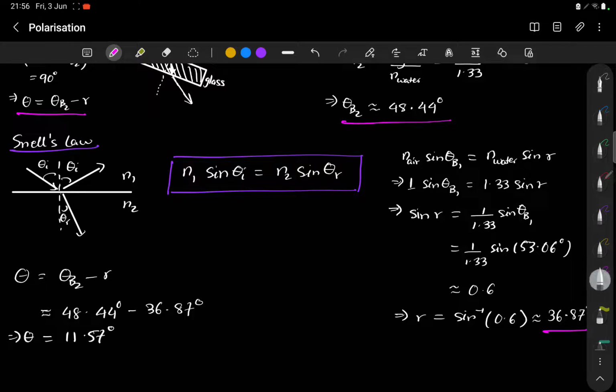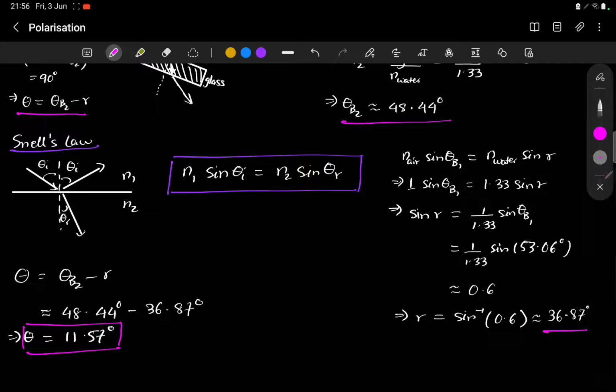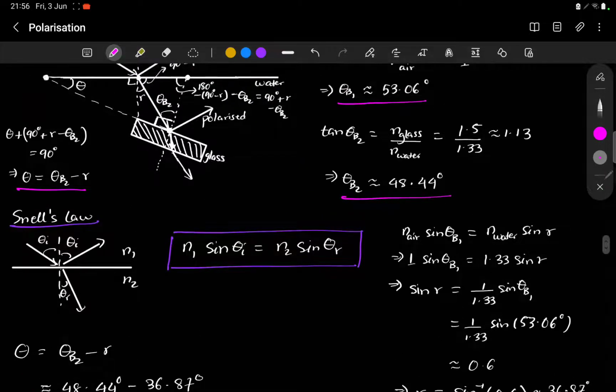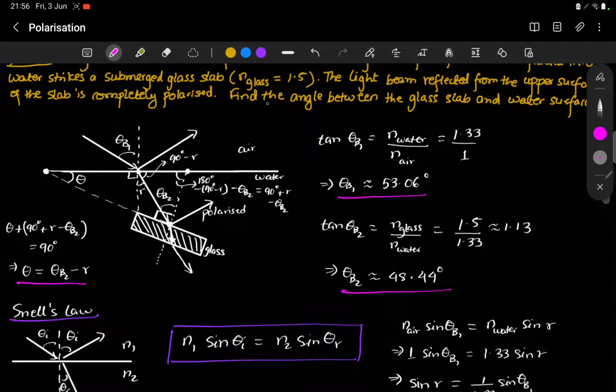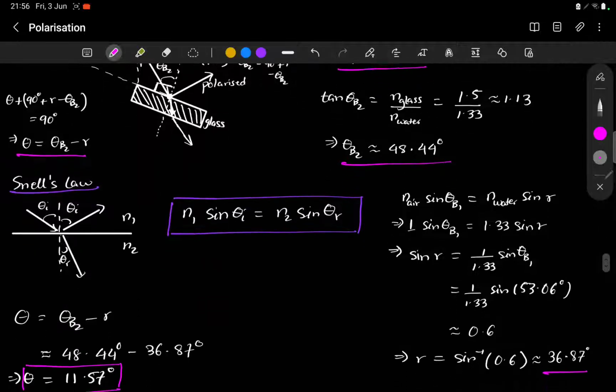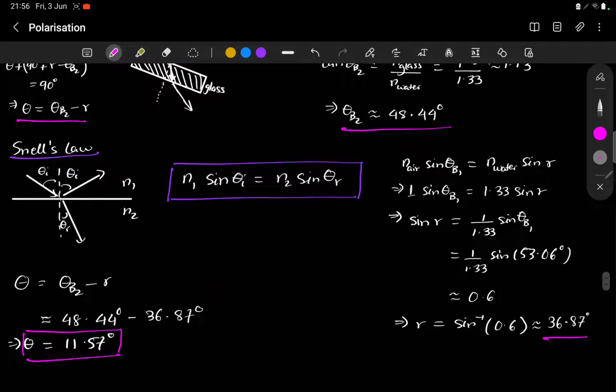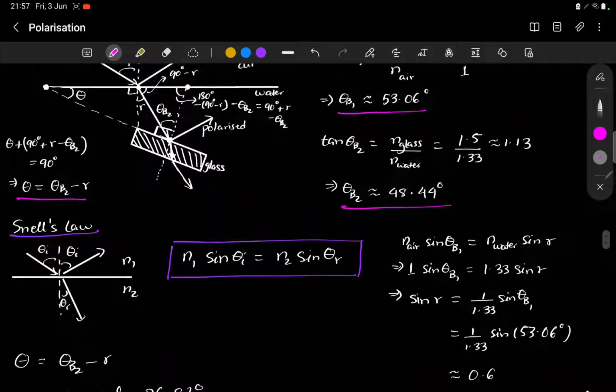So this solves the problem. This is the angle that the top surface of the glass slab makes with the air-water interface. This is the angle that we were supposed to find: the angle between the glass slab and the water surface. So this theta we have found out to be roughly 11.57 degrees.